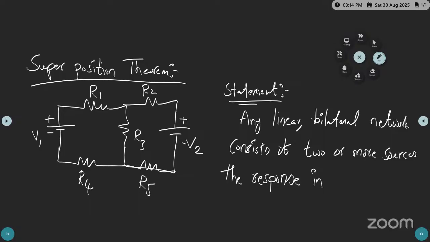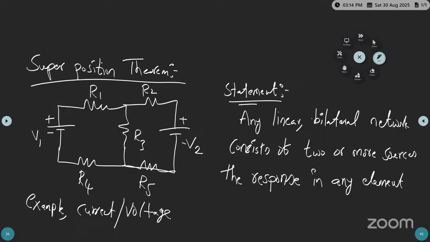The response in any element, for example, current in an element. Response may be current or voltage. They will specify it in the exam, no need to worry about that. So the response in any element means the current in any element.